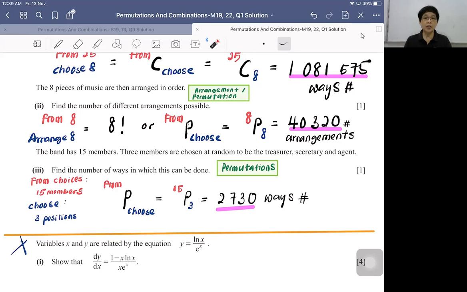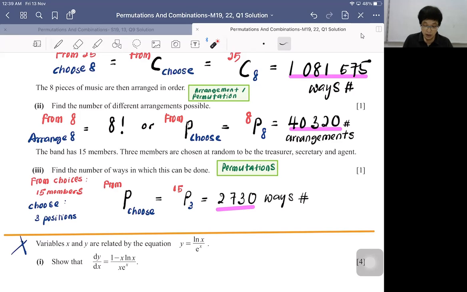Therefore, for this case, even though no passcode, security, or any kind of those words were mentioned, and even though it is dealing with people, for these choices of committee members, we are going for permutation.